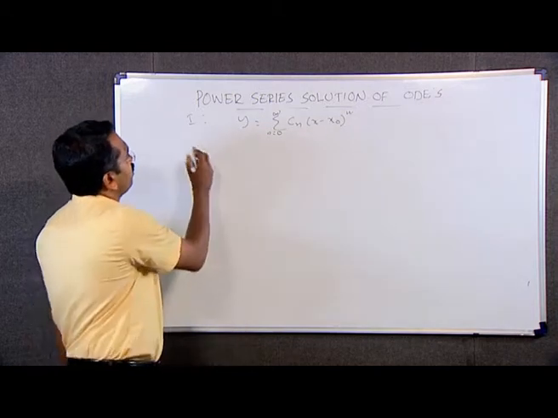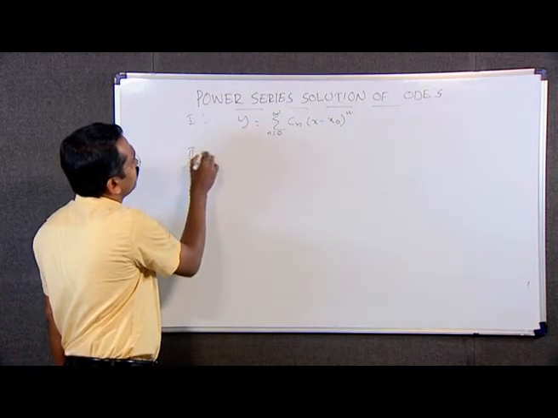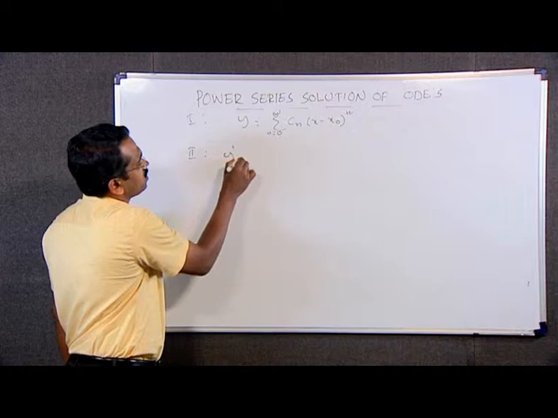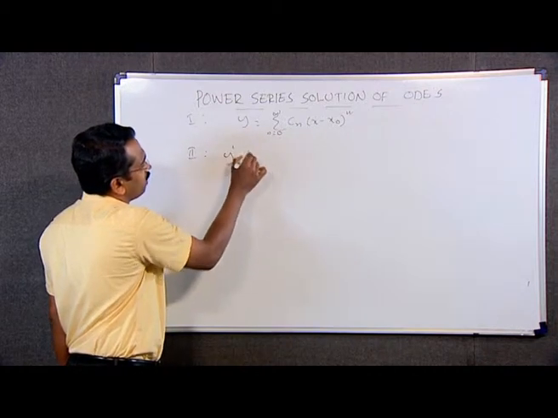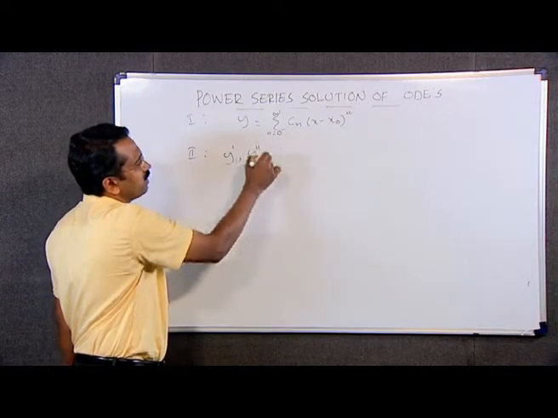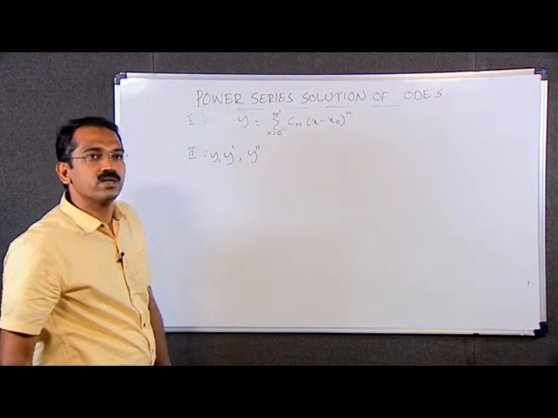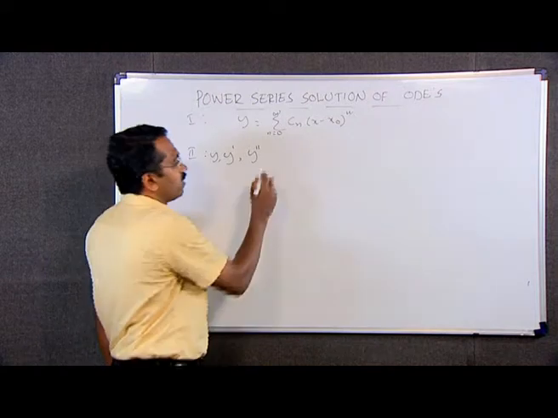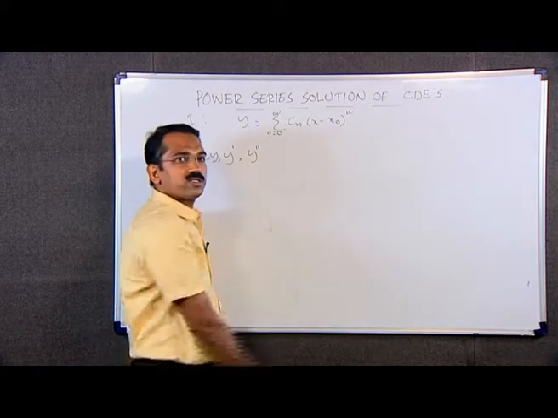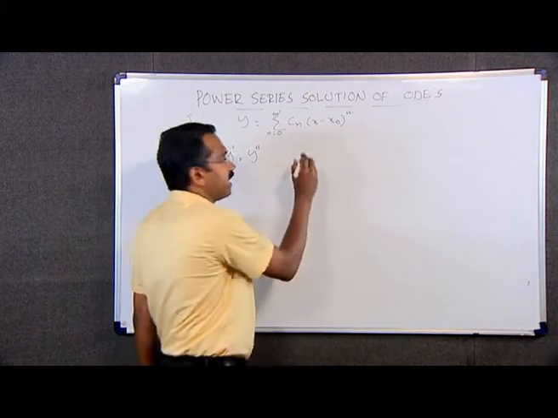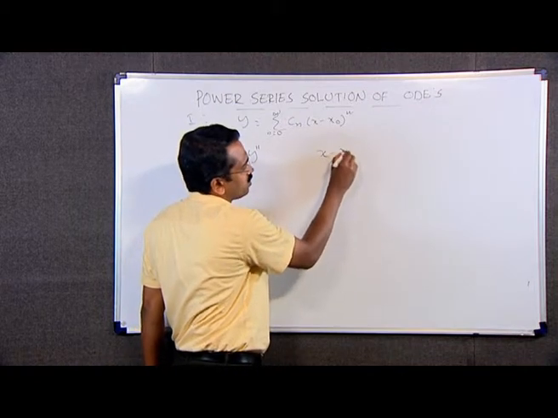Then we substitute y', y'' and this y in the given differential equation, then collect the coefficients of like powers of x minus x0.